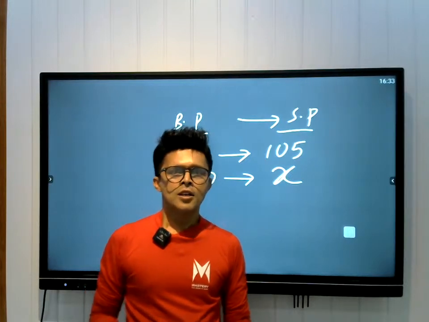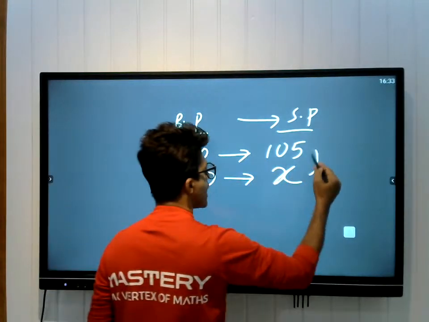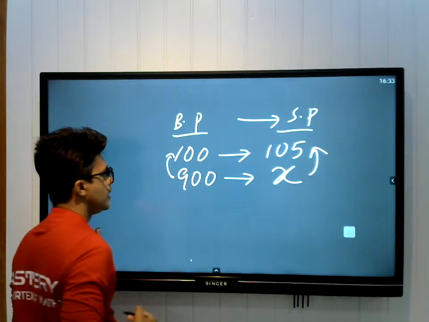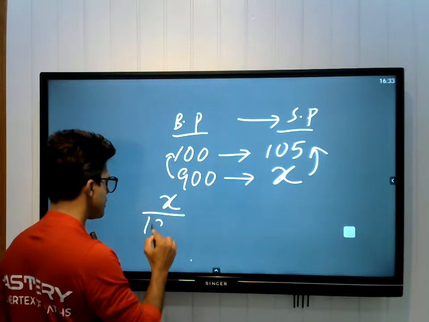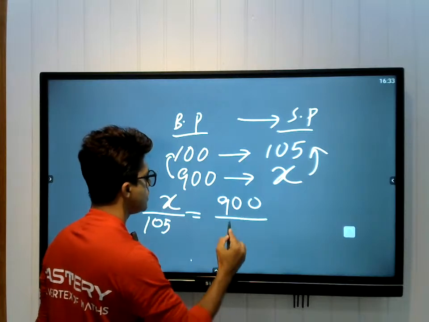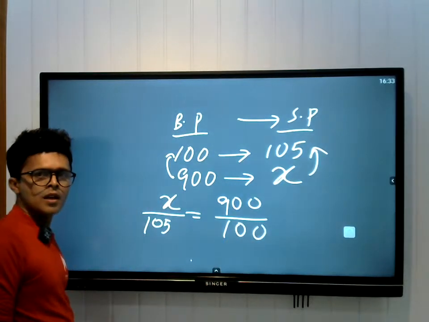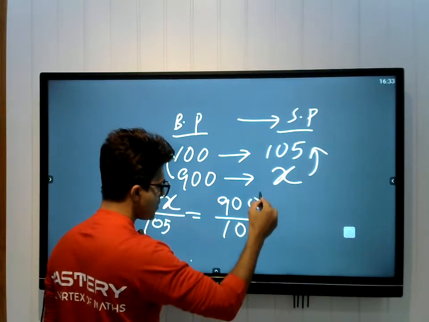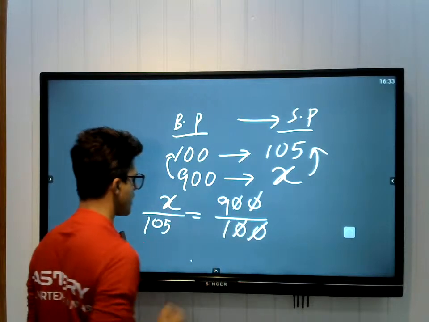Now, okay. So then this can be simplified. Then X over 105 equals 900 over 100. This 0 and this 0 can be simplified. This one and this one, this one and this one as well.